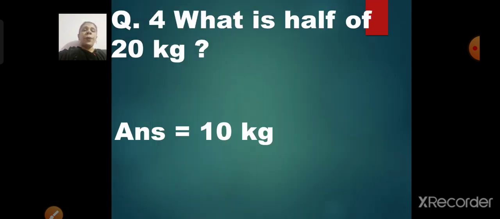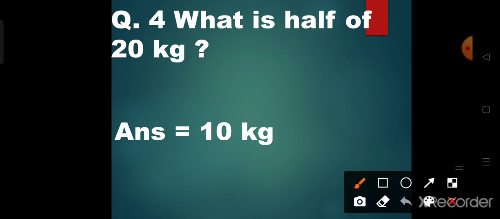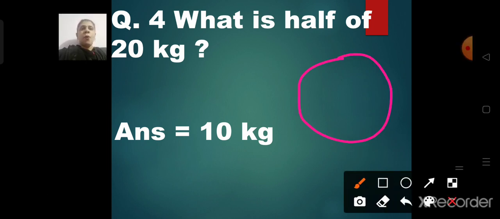What is half of 20 kg? Now this is a ball and it is of 20 kg. If I divide it into two equal parts, what will I get? 10 kg. Or you can, children, divide by 2.